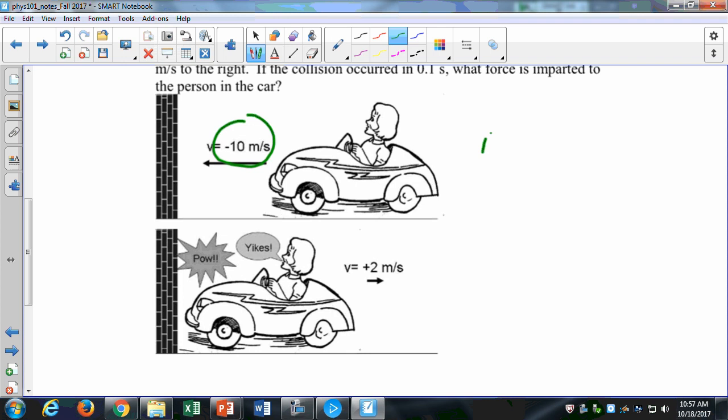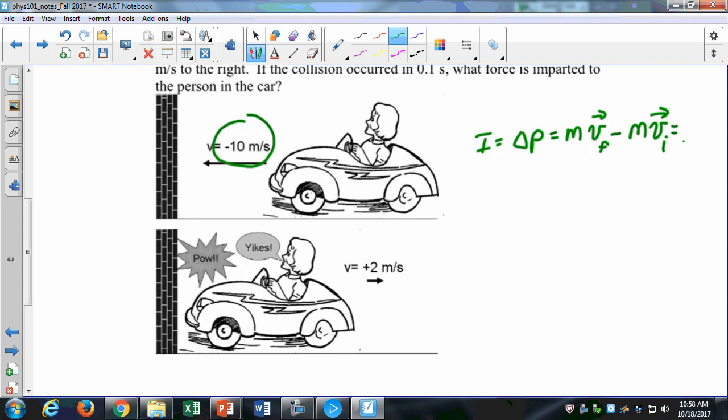Well, I know that my impulse is my change in momentum, and that's equal to m v final minus m v initial. And notice these are vector quantities, so that's sort of the tricky part on these impulse problems, is making sure that you include the direction for the speeds.